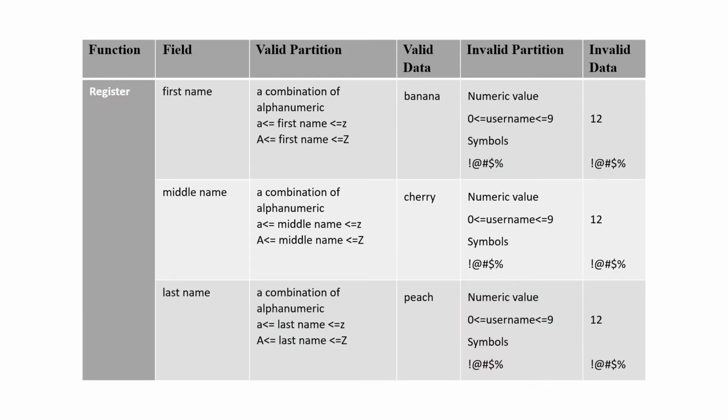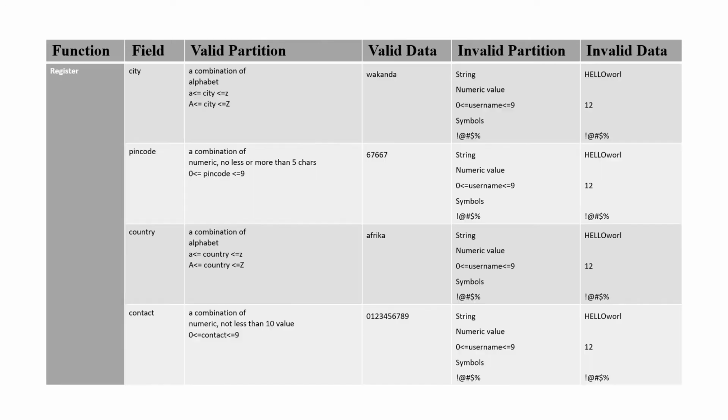And then followed by the first name, middle name, and last name. These three text fields have a same valid partition, which is a combination of alphanumeric. And then the next text field is city.